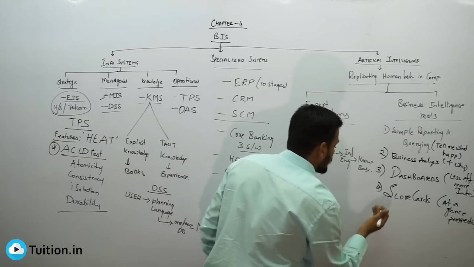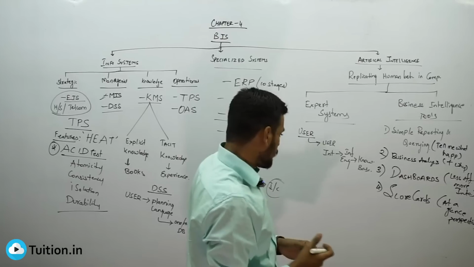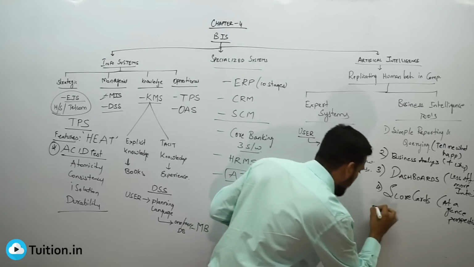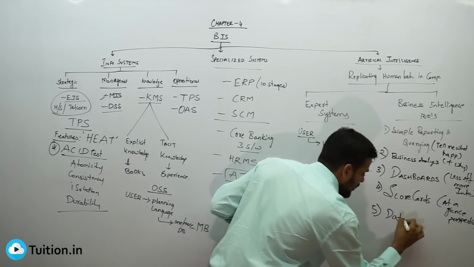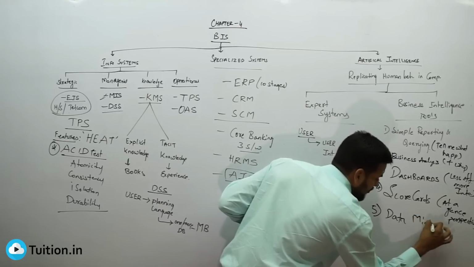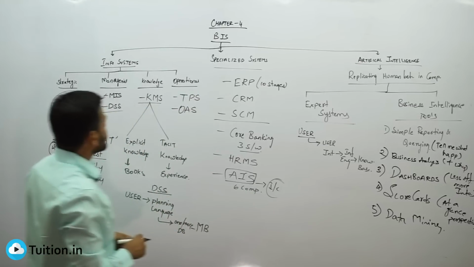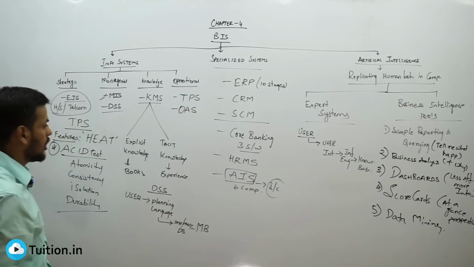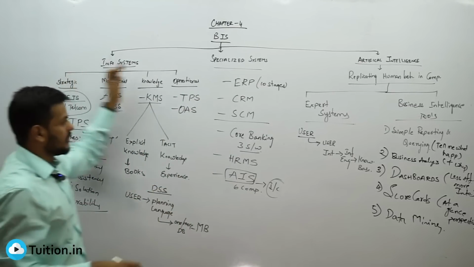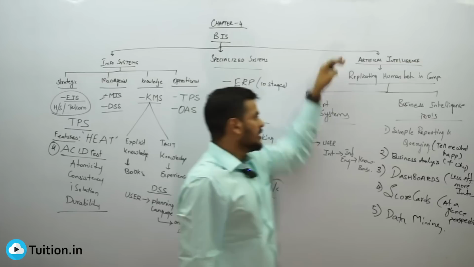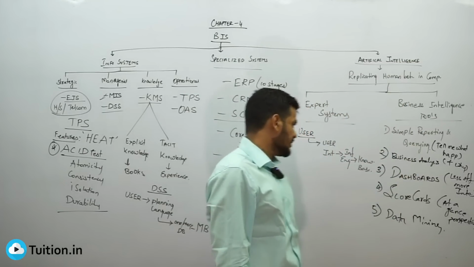And then the last set of business intelligence tools we have are the data mining tools. Data mining is a concept of extracting or pulling out data from the data warehouses, that's what is called mining, right? So information systems, specialized systems, artificial intelligence, expert systems, and the business intelligence tools.